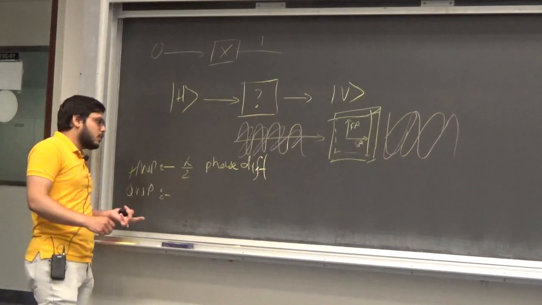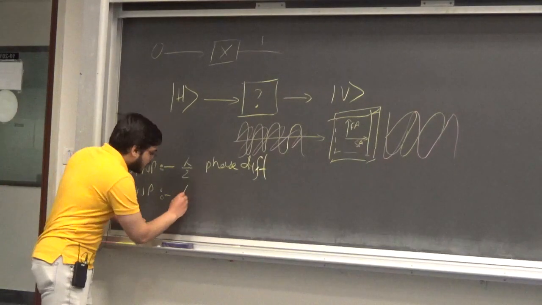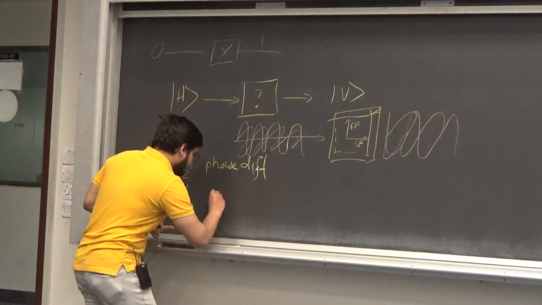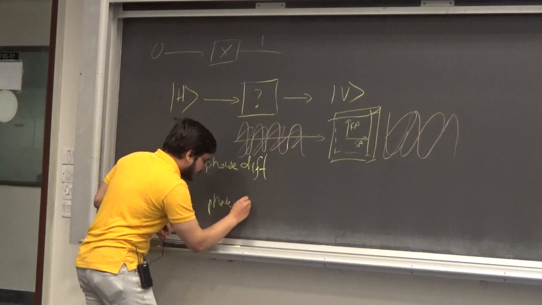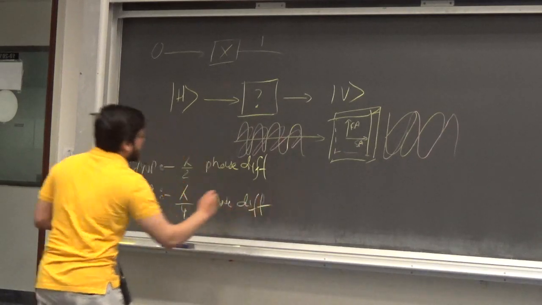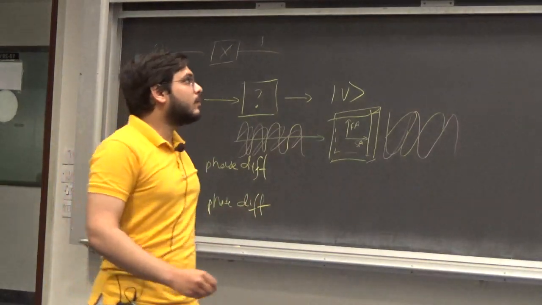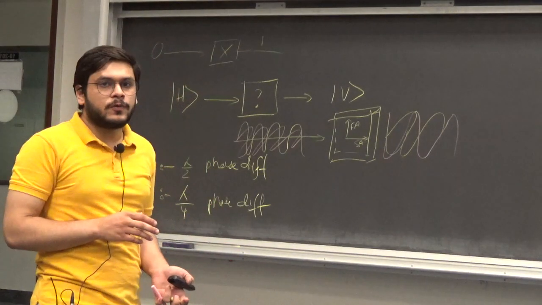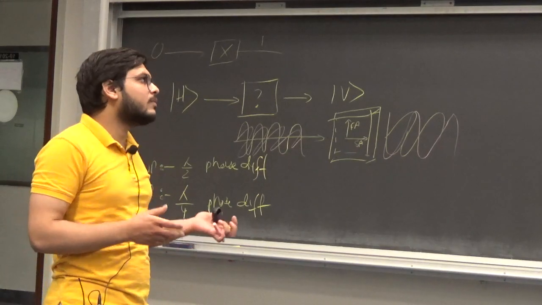Yes, or if I can say 1/4 of the phase difference. This is how I manipulate the polarization of photons. This also works for classical light, it will work for the quantum light as well.